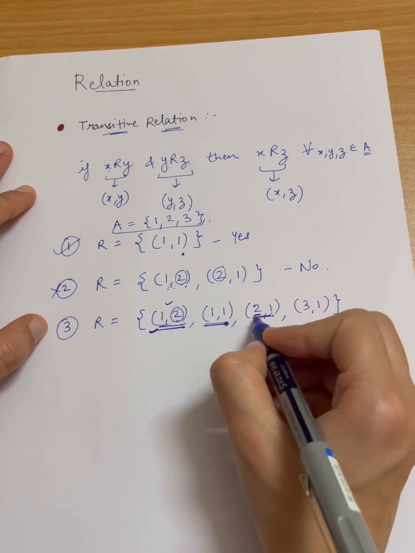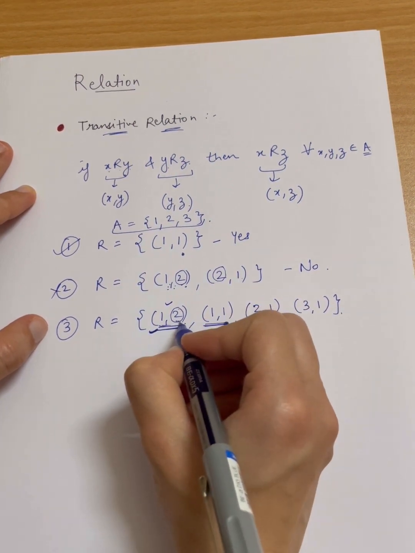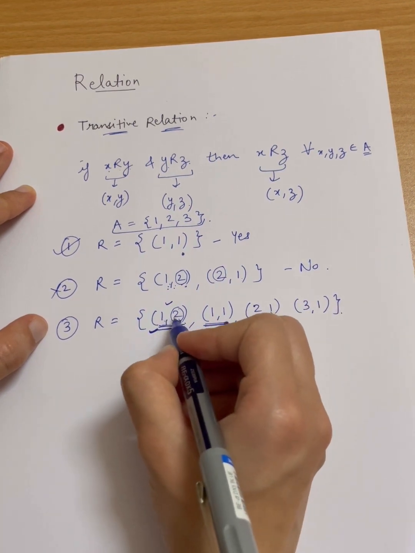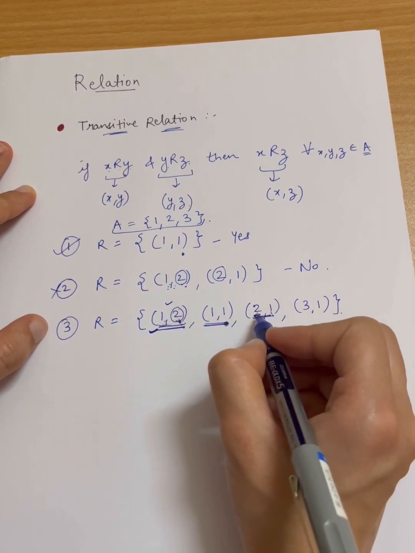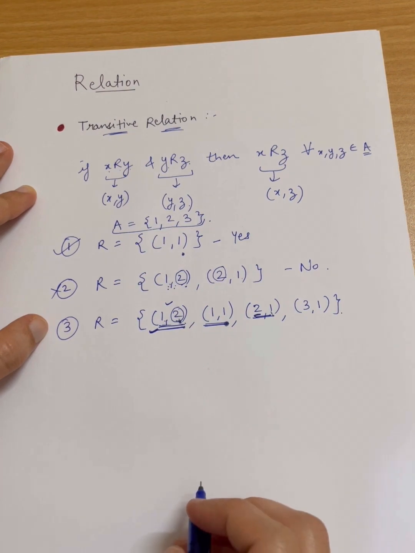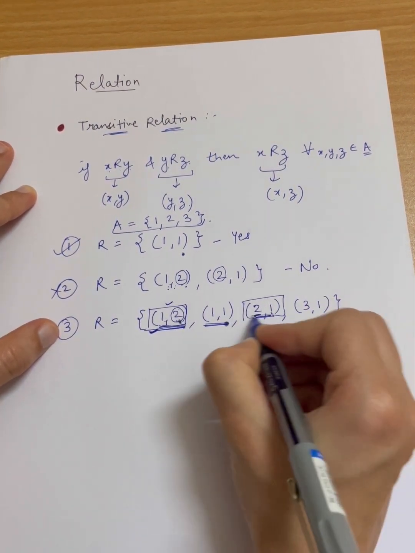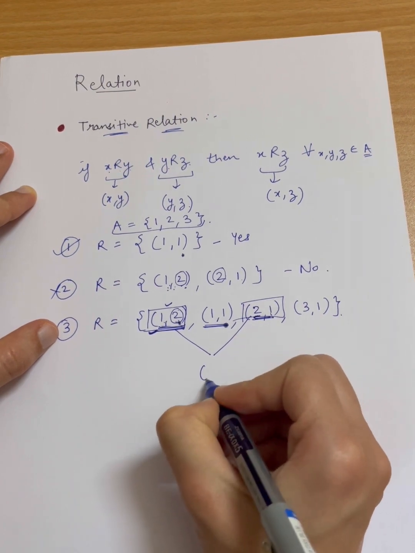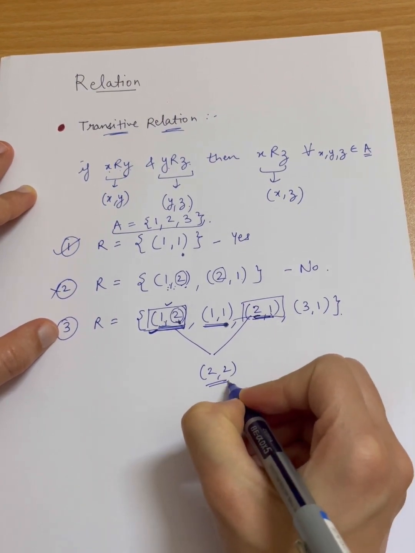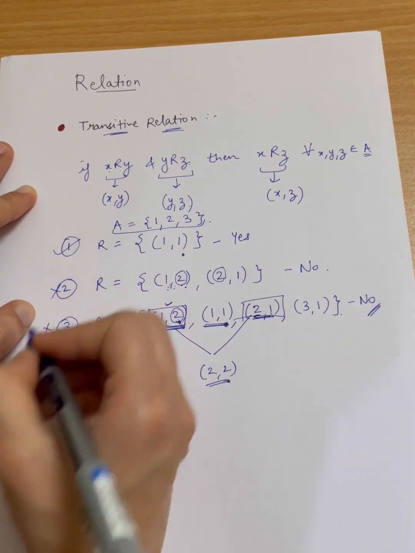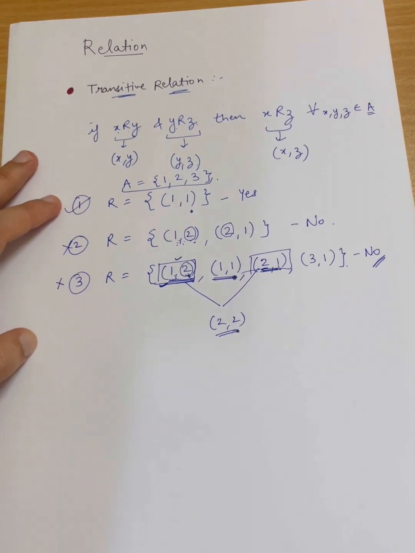Now see, if (2, 1) and (1, 2) are both present, then (2, 2) should be present, but (2, 2) is not present here. So this is not a transitive relation, right?